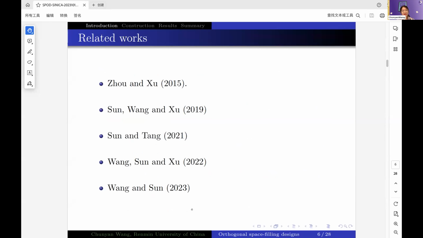Here we have other papers on designs with distance-based criteria. That means the designs in these papers have very good performance under the distance-based criterion, so they are very suitable choices for computer experiments.